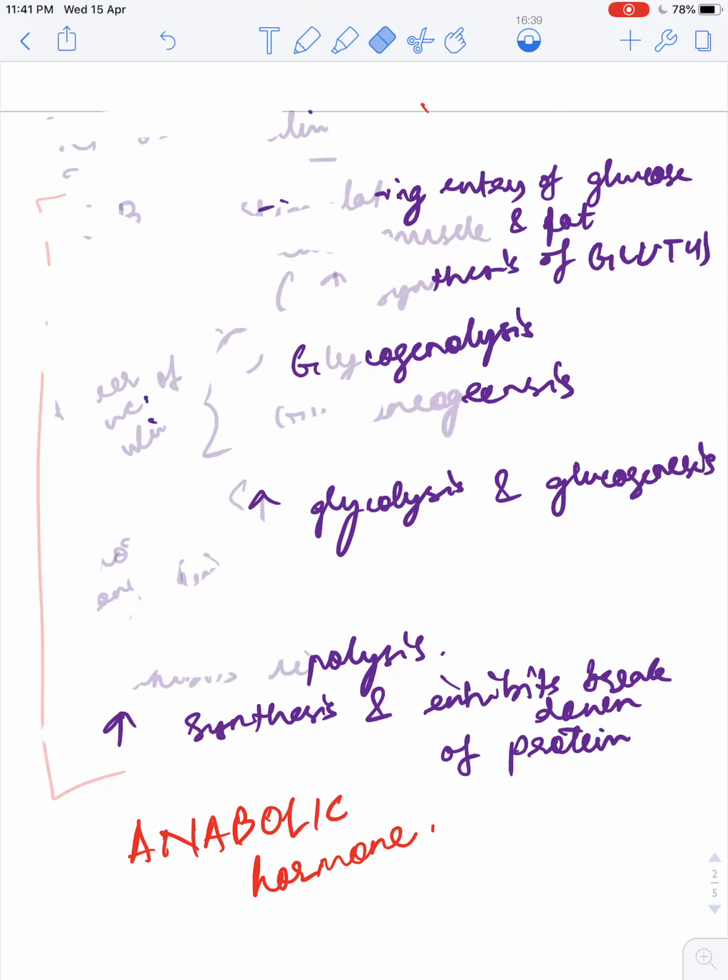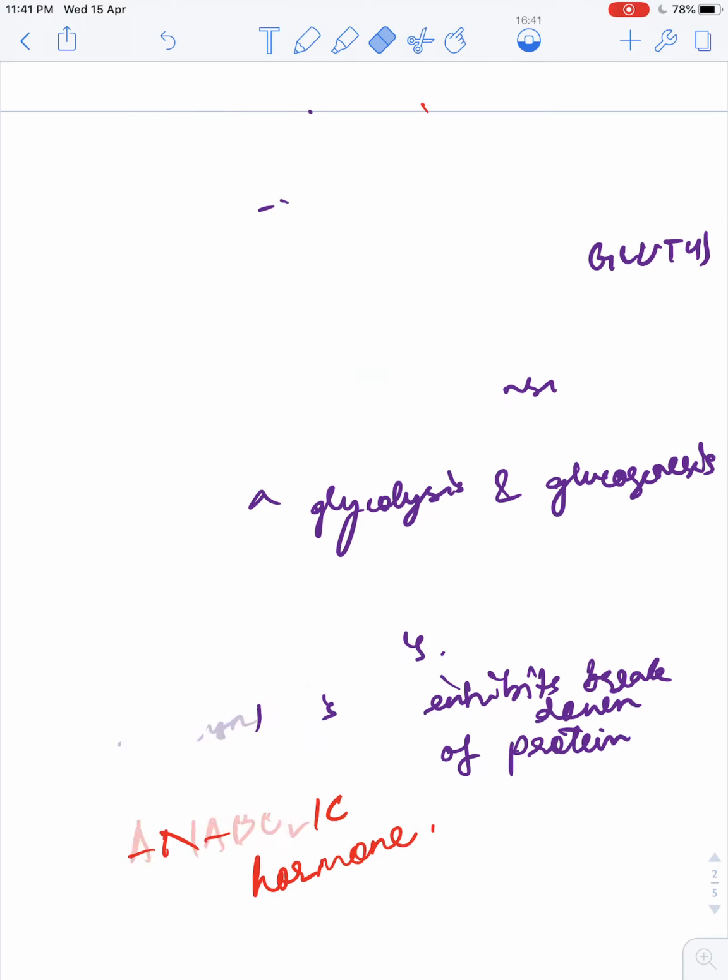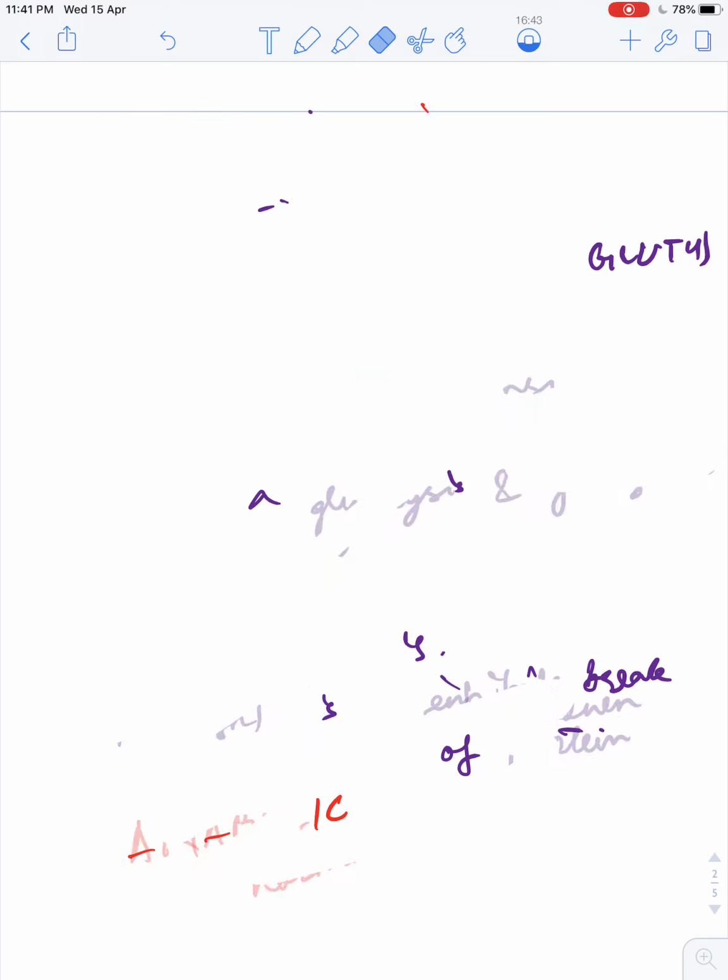Now coming to the most important part, that is mechanism of action of insulin. So it acts on the tyrosine kinase receptors.